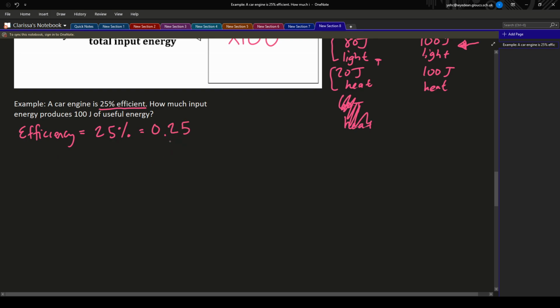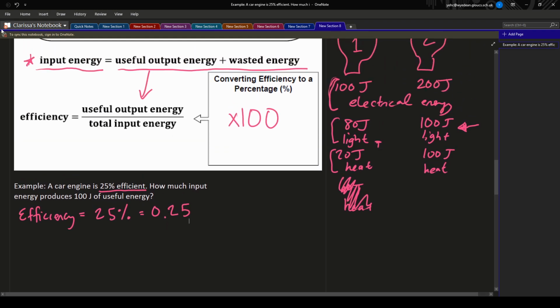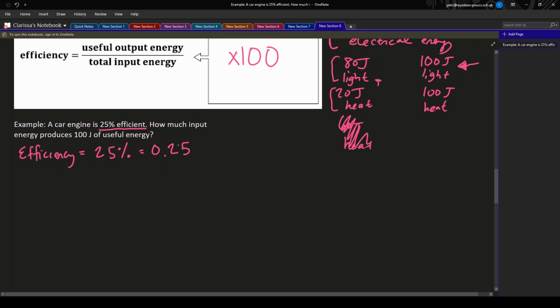I'm going to write that in just because it's a lot easier to work with a decimal, because our equation takes decimals. How much input energy produces 100 joules of useful energy? So how much input energy, I'm underlining that because that's also going in my list as a question mark, because that's what they're asking me to find.